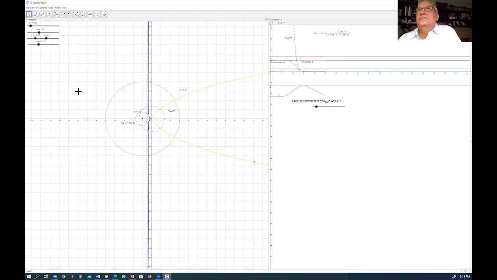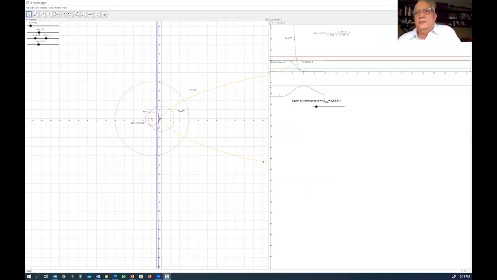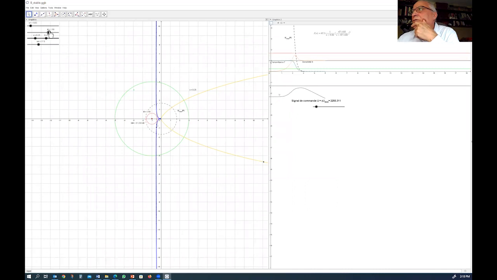So I'm going to work here with tuning factors. Example M, the sensitivity at all frequencies. You see the red line here is my top sensitivity, and you can see it's the M circle, the red one that you see here. So I'm staying always tangent to it.